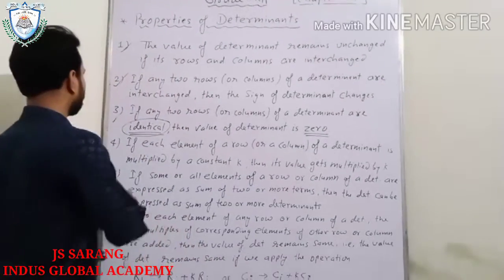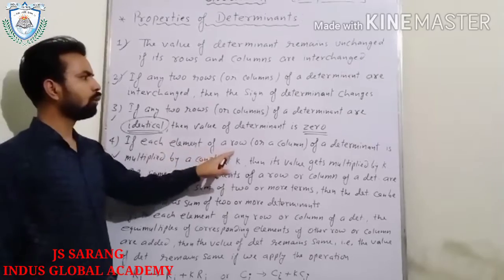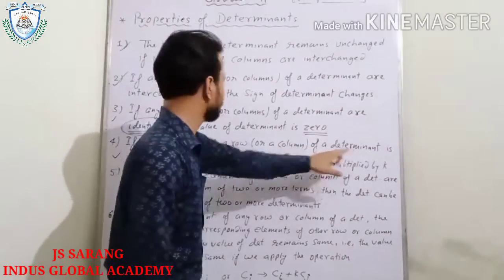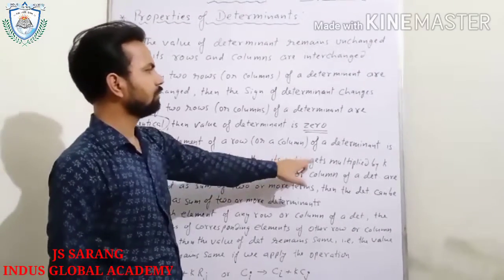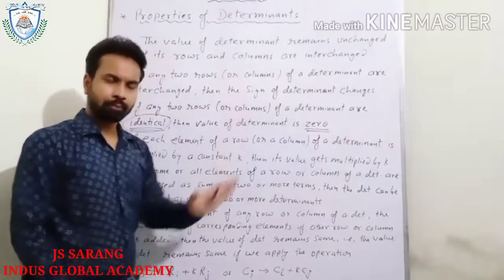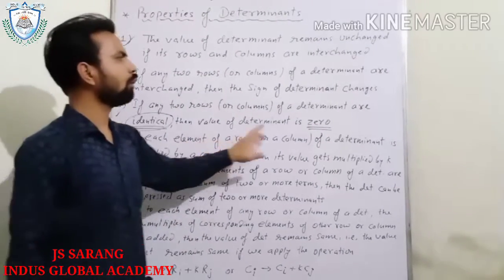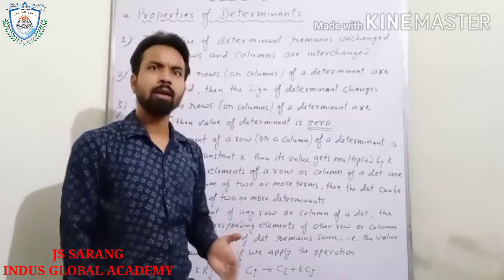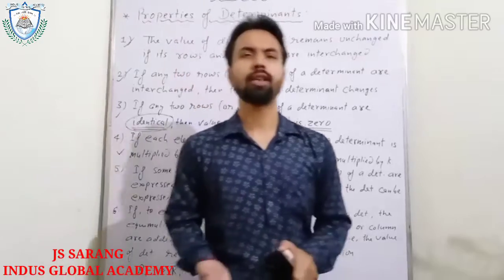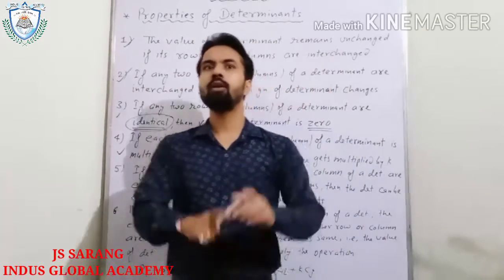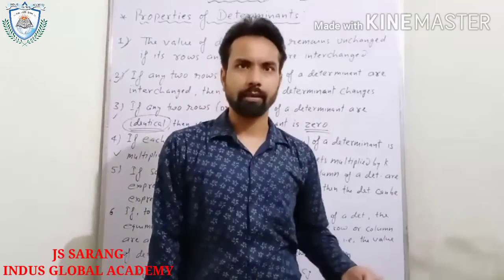Now the next, fourth property is if each element of a row or a column of a determinant is multiplied by a constant k, then its value gets multiplied by k. Means if we want to multiply all the elements of any row or any column of a determinant, then the value of the whole determinant is also multiplied by that constant.